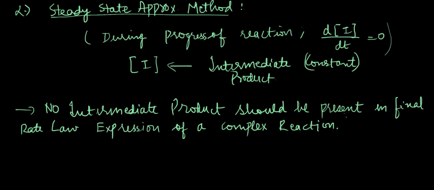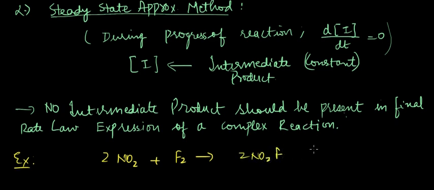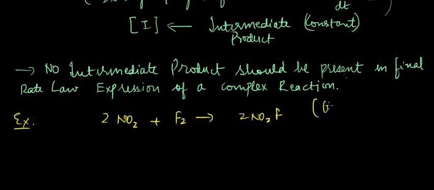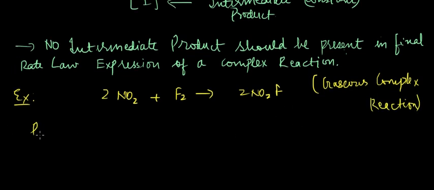So let us take an example in which we have a gaseous complex reaction. For example, we are taking 2 moles of NO2 reacting with F2, forming 2 moles of NO2F. This is a gaseous complex reaction. The proposed mechanism is as follows.